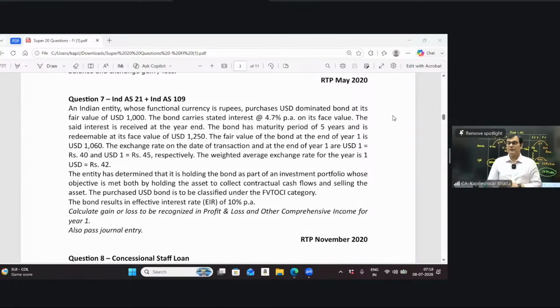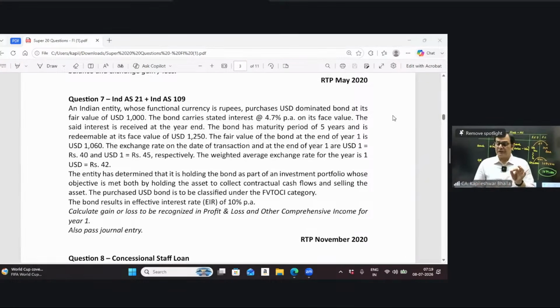So that's a dual objective. So immediately your mind will tell you that when there is a dual objective, it becomes a case of FVTOCI, and if it is a bond, a debt, then it is FVTOCI. But the good part is the question already tells you that. It says the purchased USD bond is classified under FVTOCI category.